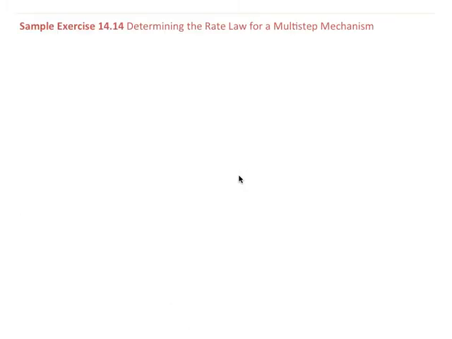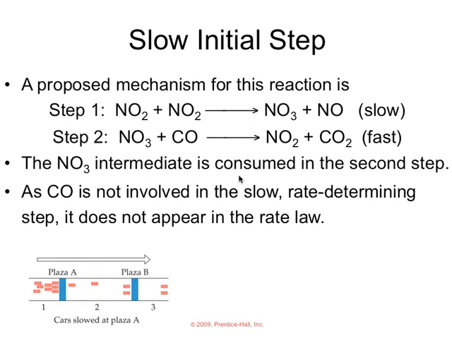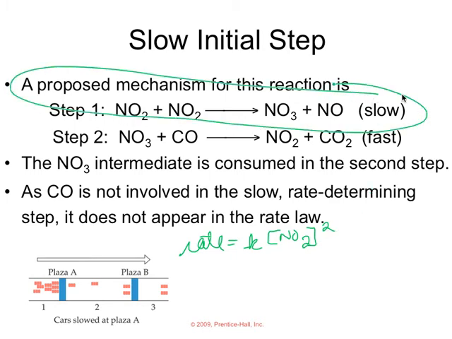CO doesn't appear in the rate law, and my rate then is k times the concentration of NO2 squared, because that is from this elementary equation. And that was experimentally what was determined, so it looks like this mechanism might describe how this reaction actually proceeds.